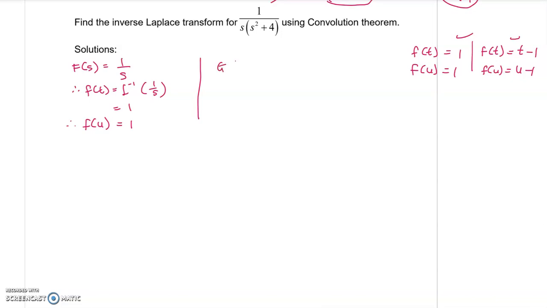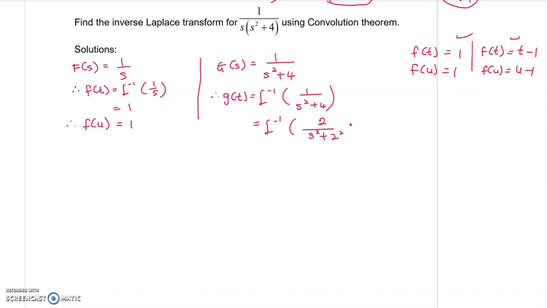Then write our G(s) to be the second term, which is 1 over s squared plus 4. Therefore g(t) is simply the inverse of G(s), which is 1 over s squared plus 4, which can be written as s squared plus 2 squared. At the top it should be 2, but in order to get 1, we need to multiply by 1 over 2.